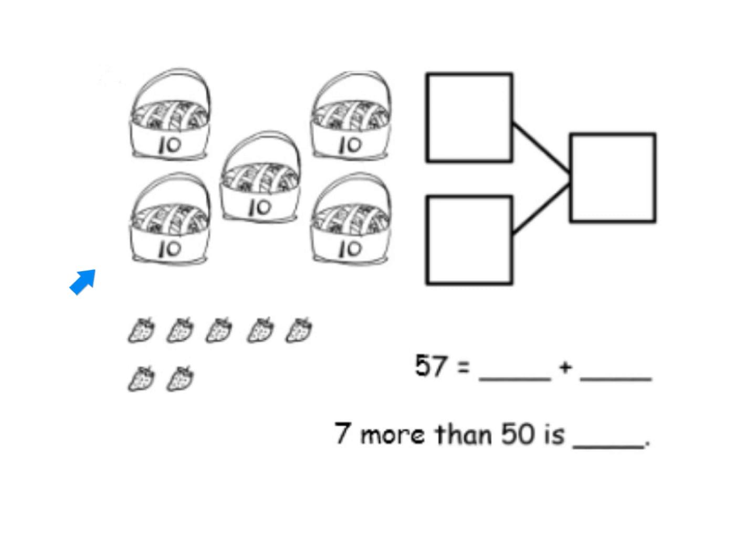So that will be our first part. Our second part will be our ones. We have 1, 2, 3, 4, 5, 6, 7. We'll add that into our number bond here.